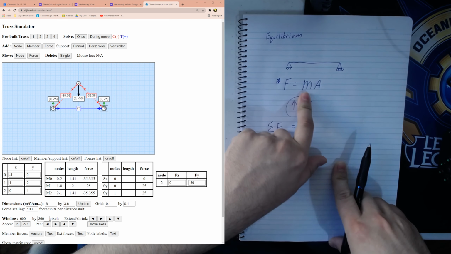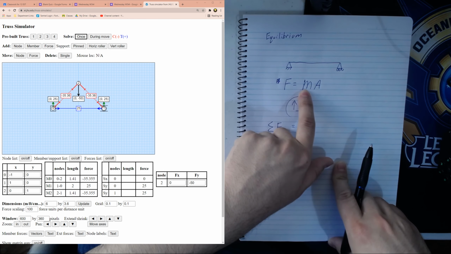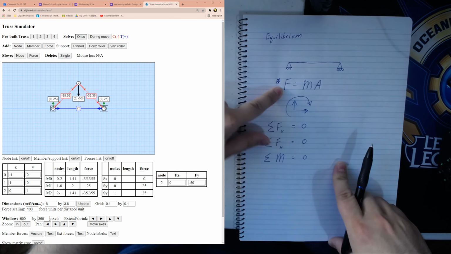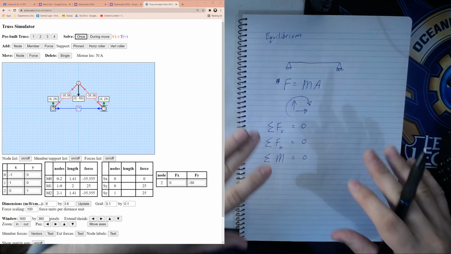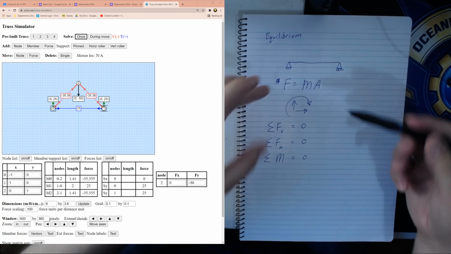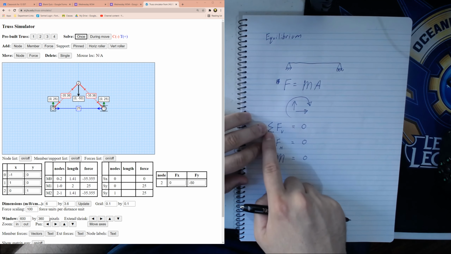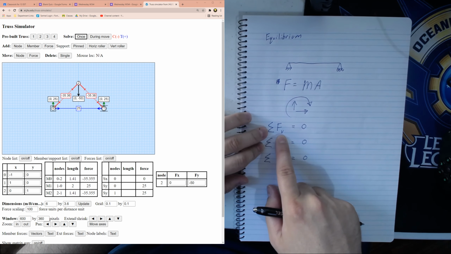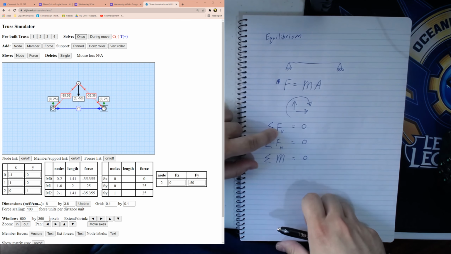But because we live in the real world where mass exists, so mass is a real number, whatever it is, a real number times zero, our force is going to equal zero. Now, F equals ma can be broken down into our total force. So we're breaking down our F into these two equations over here, where we are saying the sum of all forces in the vertical direction, this arrow over here going up, has to equal zero.